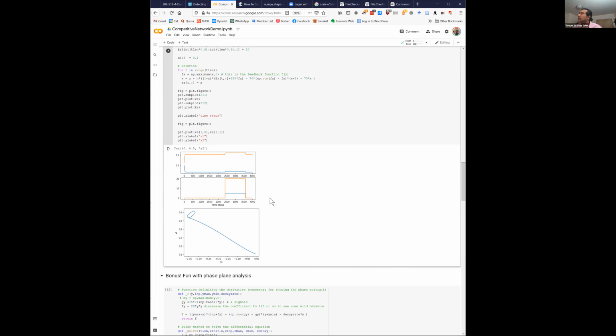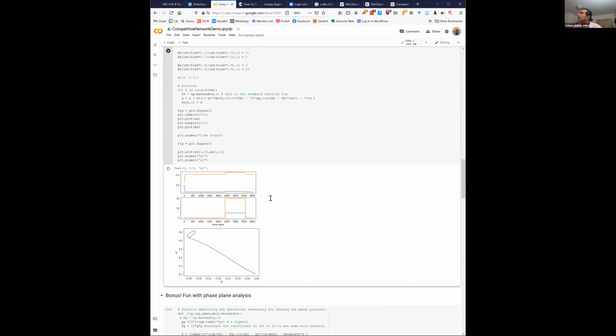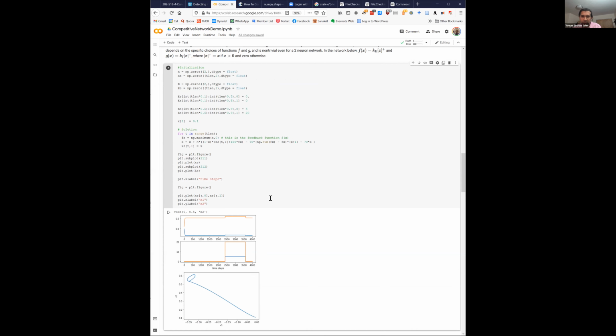Now, any questions, or if you want me to tweak something in this, I think it's fairly straightforward. You can actually change the decay rate so that it does respond.